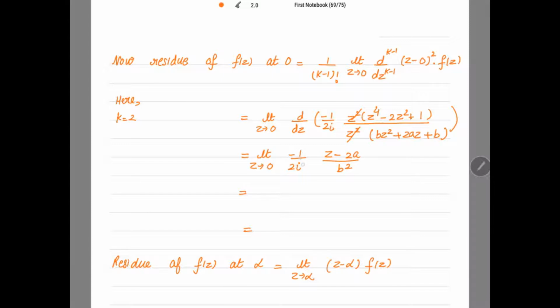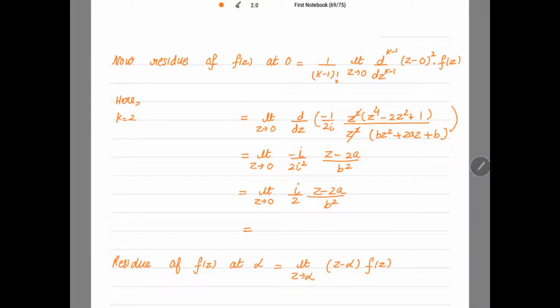And can I write, if I multiply and divide by i, this i square is minus 1, this i square and this negative sign cancel out, so I have limit z tends to 0, i over 2, z minus 2a over b square.